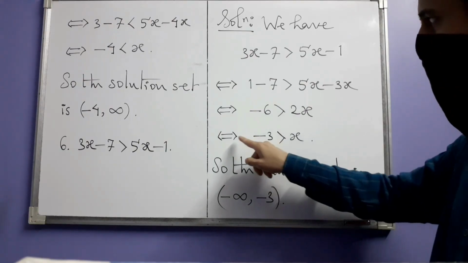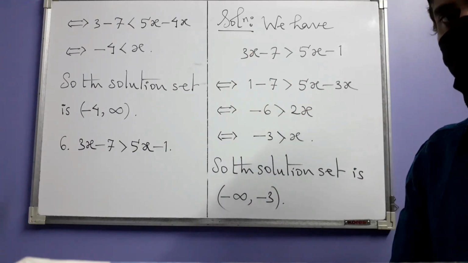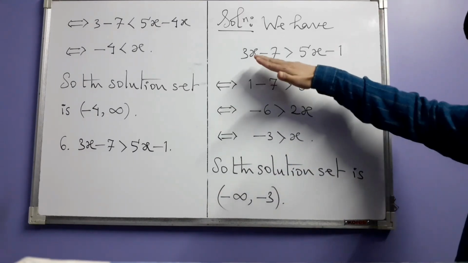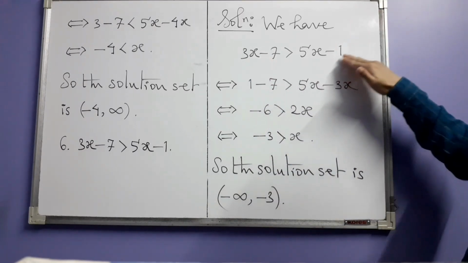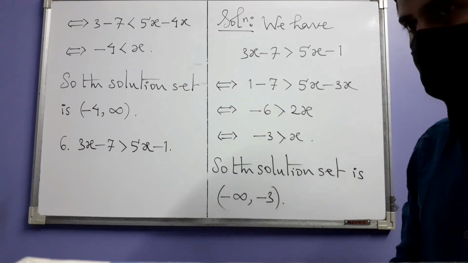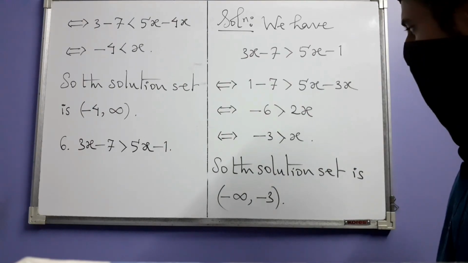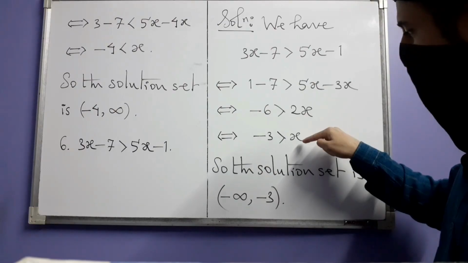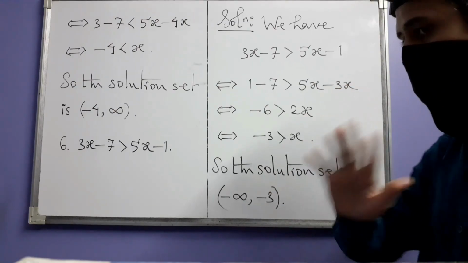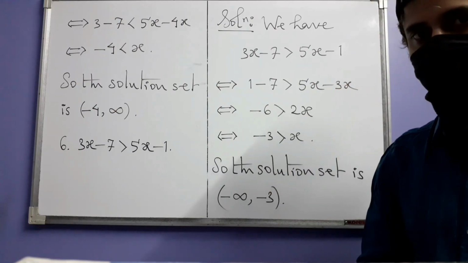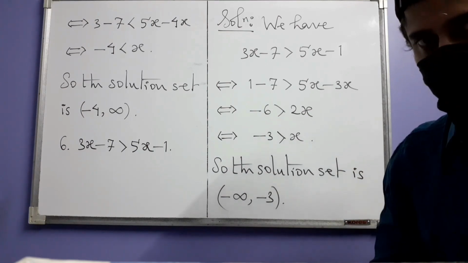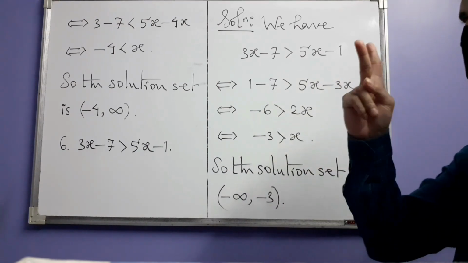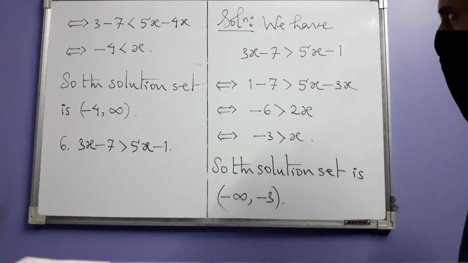That is why we are using double implication. And that actually tells us that the set of all real numbers x which satisfy this inequality is the same as the set of all real numbers x which are less than minus 3. Do you see why these two sets are equal? You have proved two implications, right?